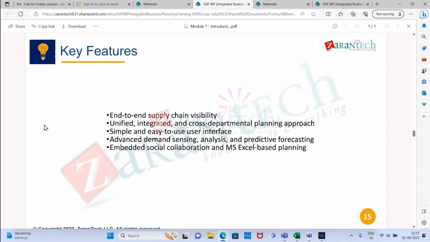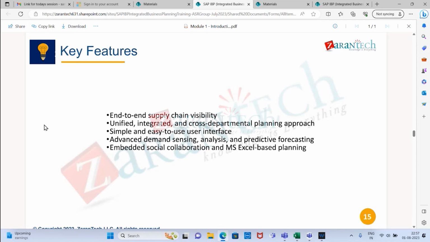It gives you a unified, integrated, and cross-departmental planning approach. As I said yesterday, it not only talks about the integrated processes, but it talks about the cross-departmental integration, because every single department is linked to other departments.